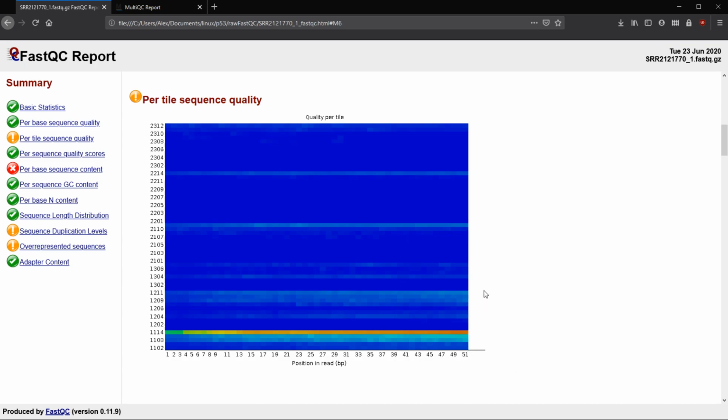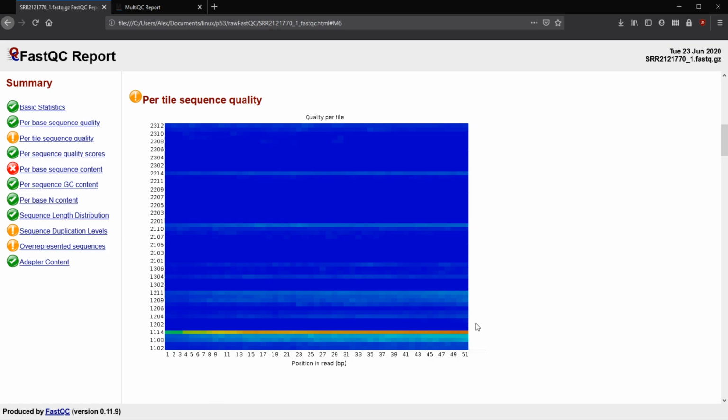If we have poor quality base calls for a particular flow cell, across we have our flow cells, and then we have our base calls vertically. And we can see here, like 1114, this one was kind of bad for all of the sequence that was there, all base calls. The beginning wasn't too bad, but as it went down, it definitely did get worse.